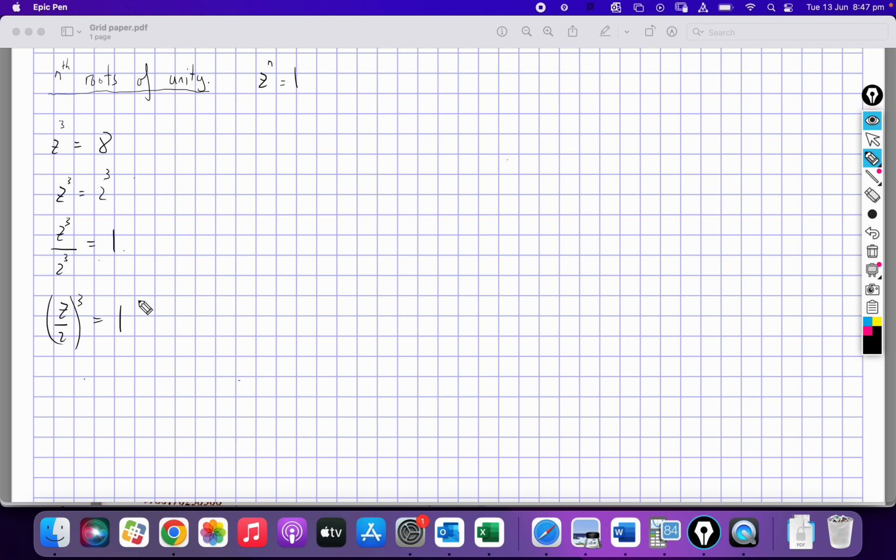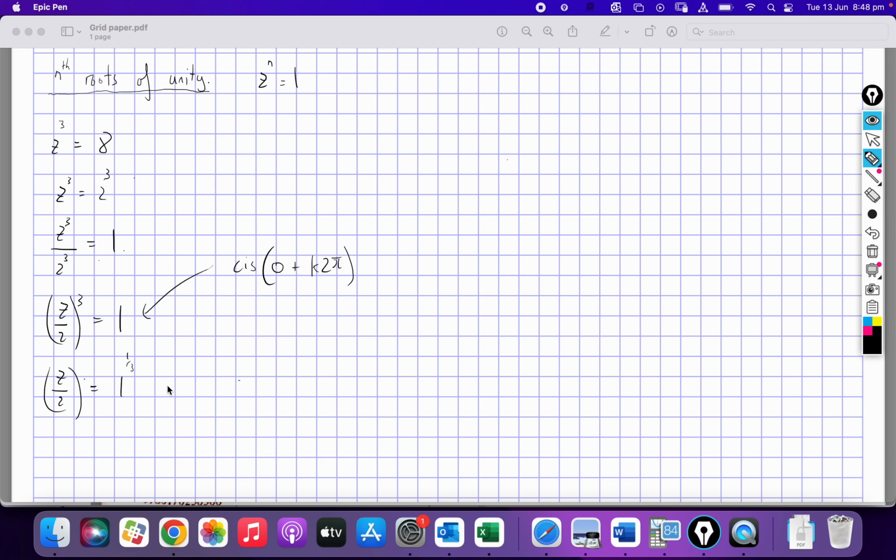Right, we could, if we want, say this is cis 0 plus 2 pi multiples. Right, but I don't think I'll even bother. I'll just say we've got z divided by 2, and I'm going to take the cube root of both sides. So it's 1 cube root. Maybe I should write it as cis probably.